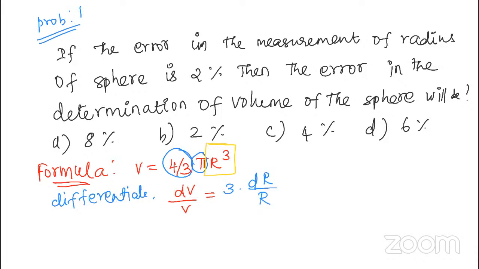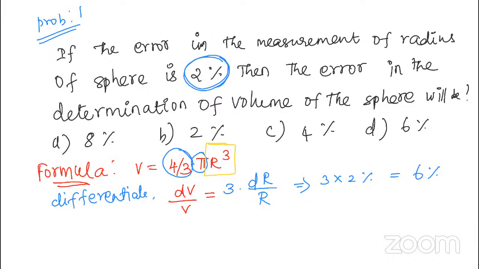Now they are asking only for the error determination. Here they have given the measurement, that is 2%. Substituting in this, 3 into 2% is equal to 6%.